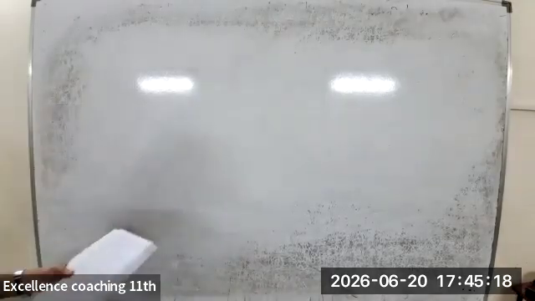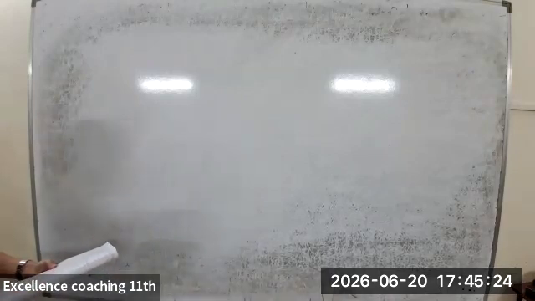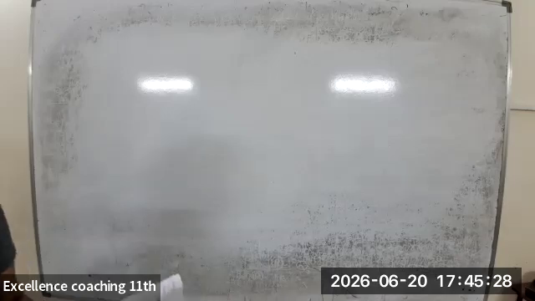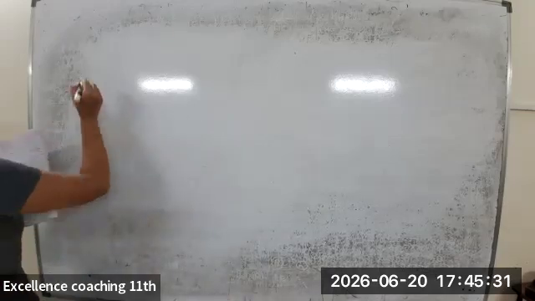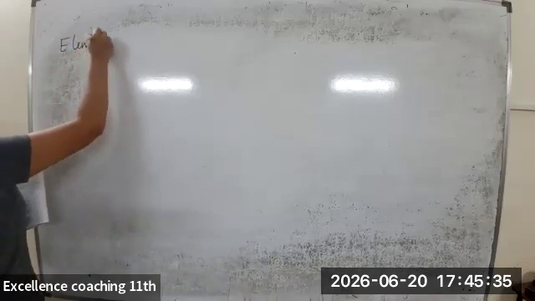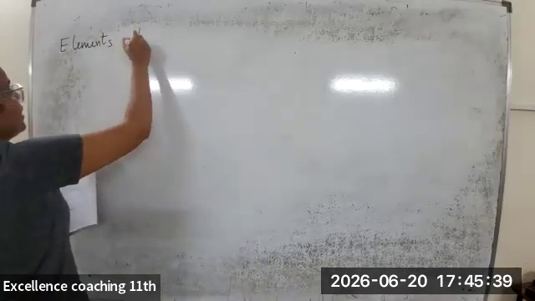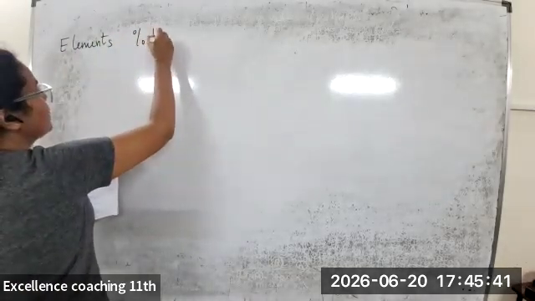Okay, so we will solve this using a table. It becomes very simple. If you calculate individually, it becomes very lengthy and a mess basically. So we will solve using a table. First column will be elements. Second one will be percent by mass.